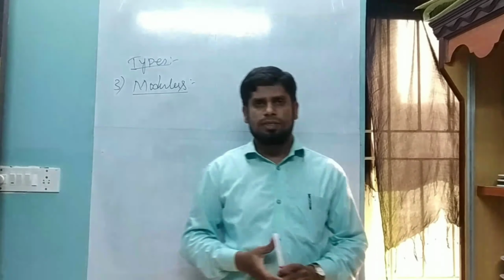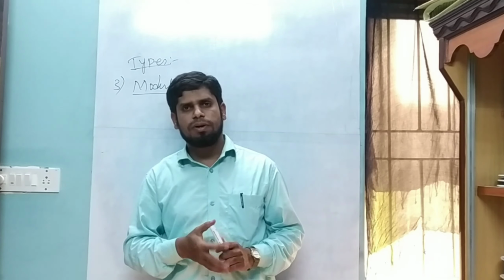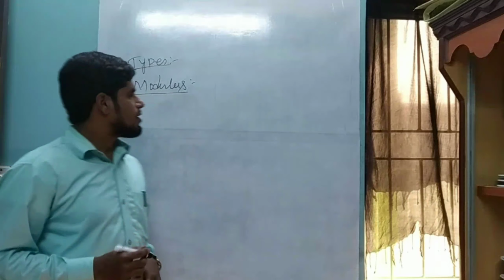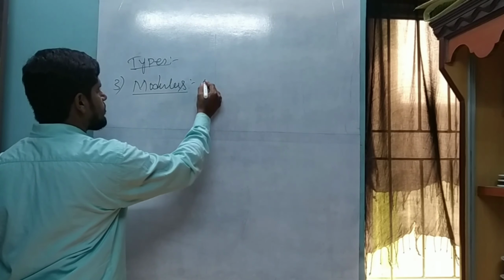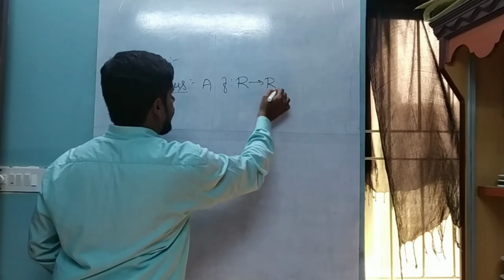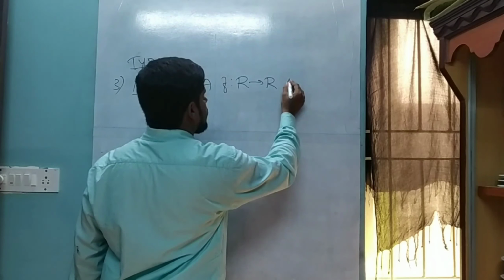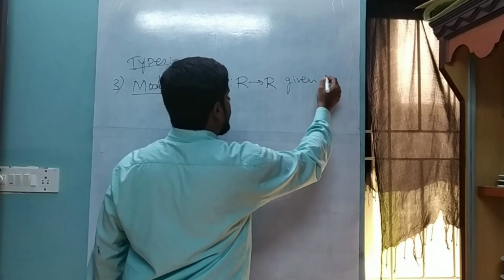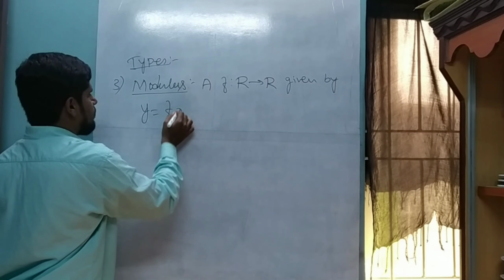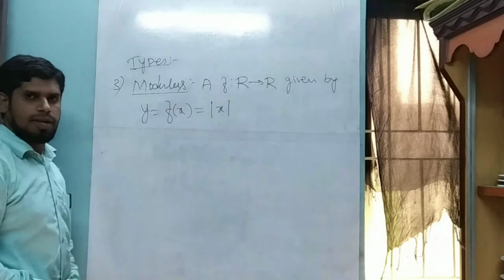What is the modulus function? Mod means we can give anything as an input, but the output is always expected to be a positive answer. So let us see the definition of the mod function. A function f from R to R, real numbers to real numbers, defined by y equals f of x, where f of x equals mod x.